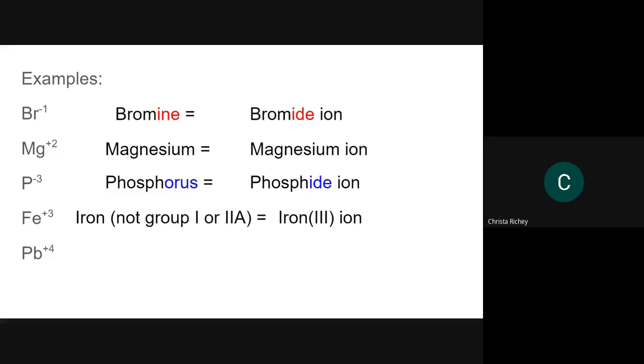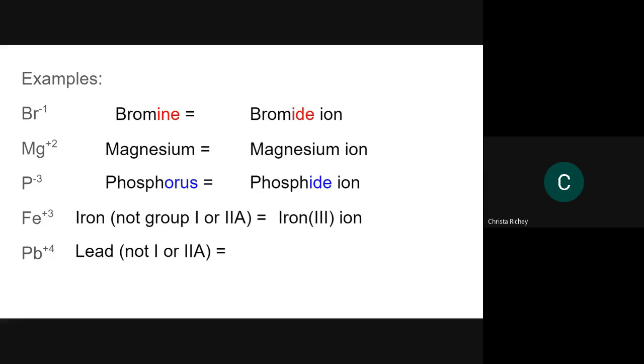There are so many, but you have to remember to do this. If you have a transition metal, a metal that is outside of group 1 or 2A, with 4 exceptions, you have to tell me the positive charge. What's the numerical value for that charge? III is 1 plus 1 plus 1, which is 3.